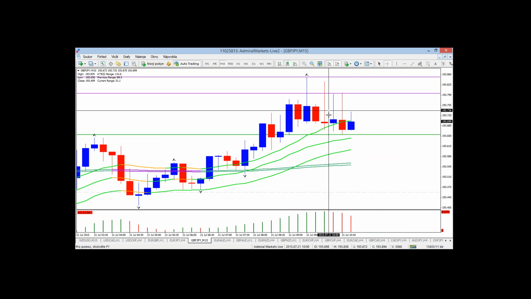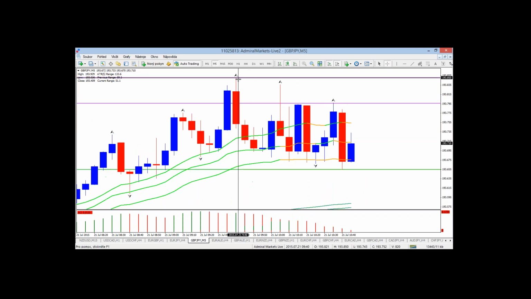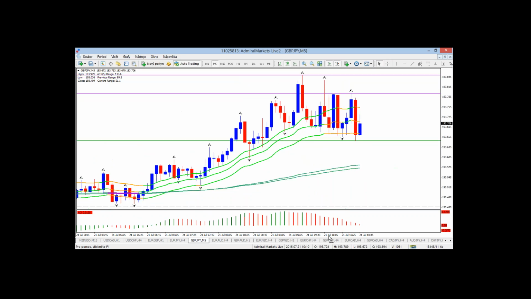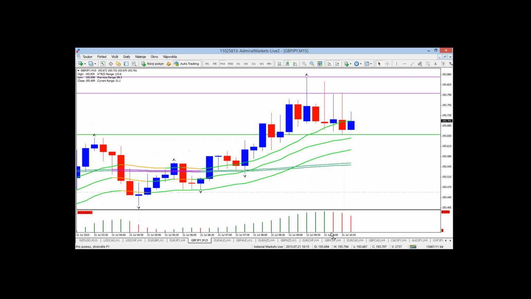But from a time factor point of view, the 5-minute is ready, and as soon as this fractal breaks, it would be an entry on the 5. On the 15, it would be an entry above the top here. Within the next 2-3 candles, 30 to 45 minutes.